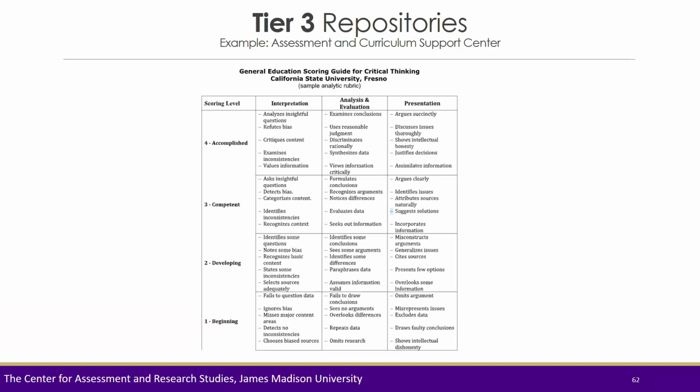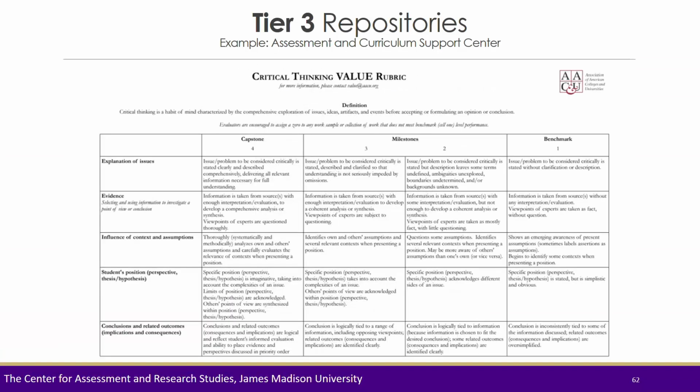The first one has 4 levels and rates interpretation, analysis and evaluation, and presentation. The second one is the critical thinking value rubric from AAC&U, which goes more in depth, defining critical thinking and illuminating certain terms used in the rubric. It also has 4 levels rating explanation of issues, evidence selected, influence of context and assumptions, perspective, and conclusions drawn.